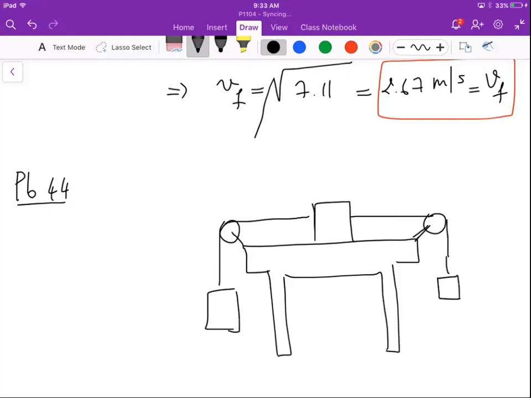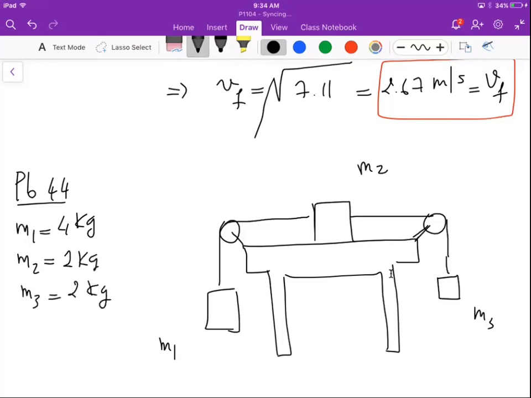Let me call them M1, M2, M3, so the work becomes easier for us. Let's call this one M1, the second one in the middle M2, and this one M3. We know that M1 is equal to 4 kilograms, M2 equals 1 and M3 equals 2.